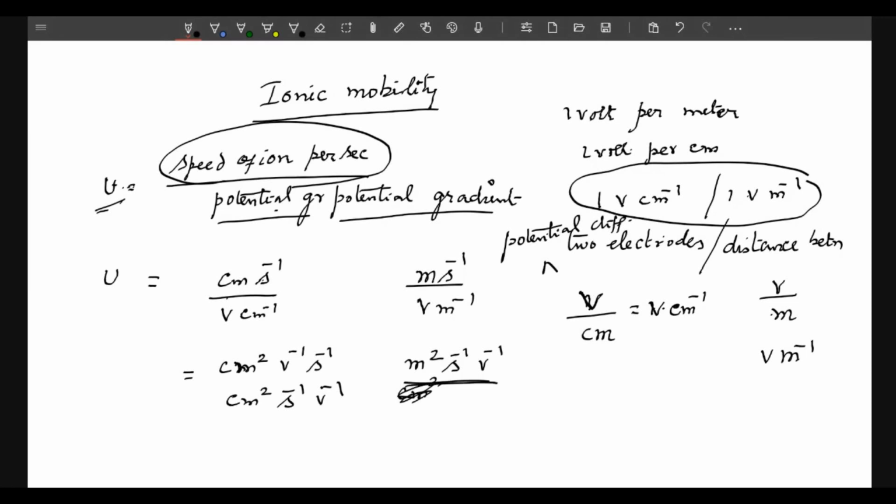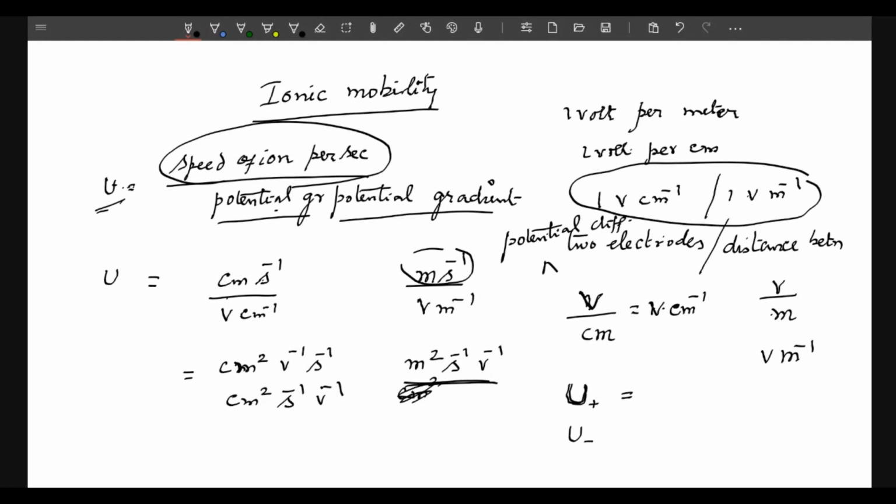That is, centimeter per second or meter per second is the speed, divided by the potential gradient. Therefore, U plus, or U may be represented as U minus. U plus means the ionic mobility of the cation. U minus is the ionic mobility of the anion.